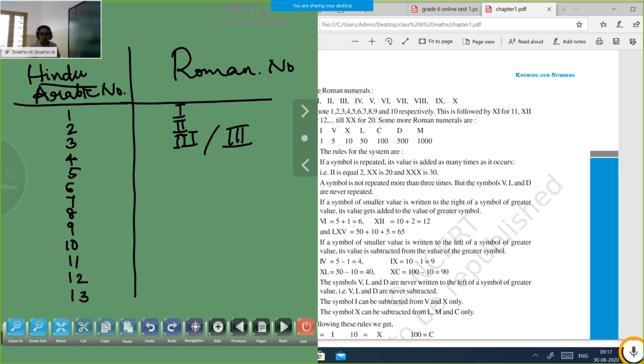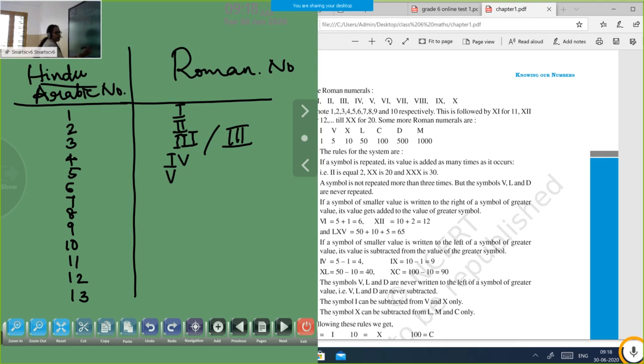Next, how to write 4? We know 5 is V. Then for 4, 1 is subtracted from 5, so we write IV. Listen, children. Subtraction means we put the number to the left side.